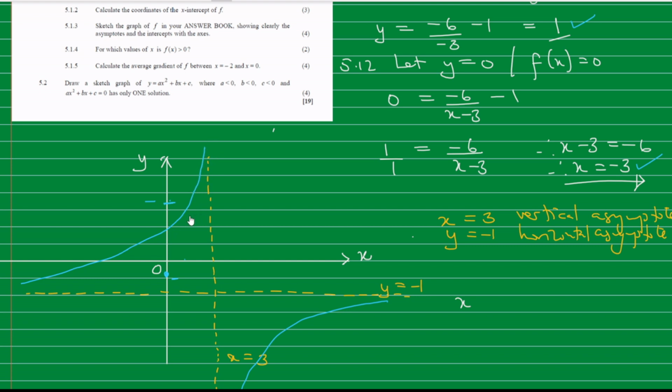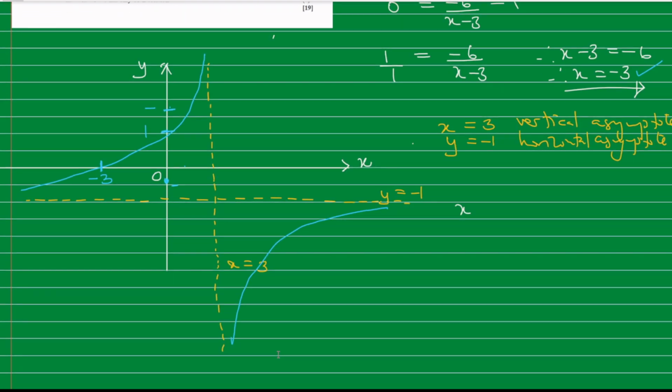It will never touch that line, where this point here is our y-intercept 1, and that one here will be our x-intercept, which is at negative 3. So that would conclude the drawing of the graph. There's a y-axis here, an x-axis, the vertical asymptote x is equal to 3, the horizontal asymptote, and our shape.